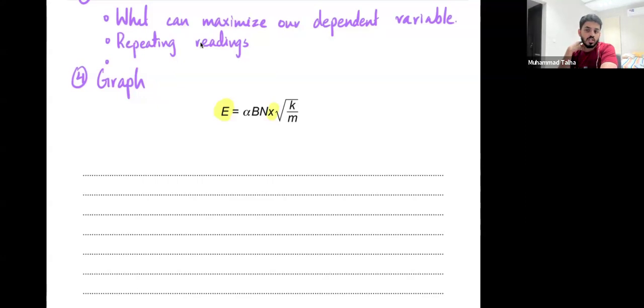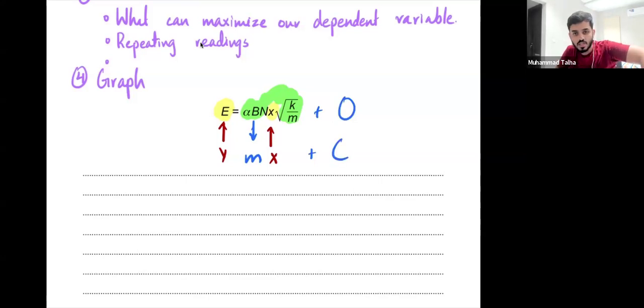Your graph should just be a straight line. So it must be in some straight line form, y equals mx plus c. So right here, this is my Y. This is my X. And everything here is my gradient, so this is M. Now, very obviously, there is nothing else here, so my y-intercept is 0 in this case.